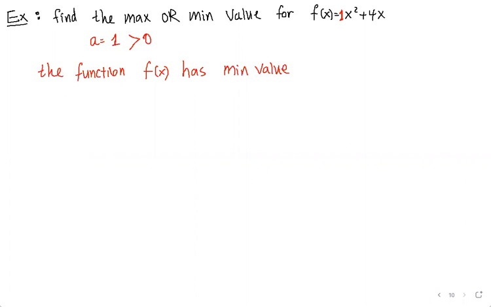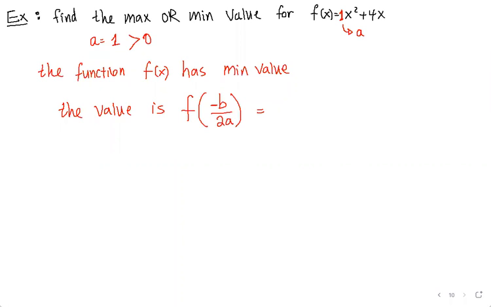What is the value? The value is f of minus b over 2a. What is minus b?